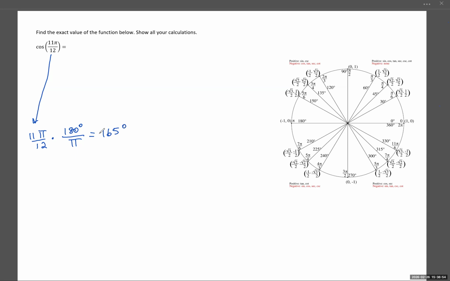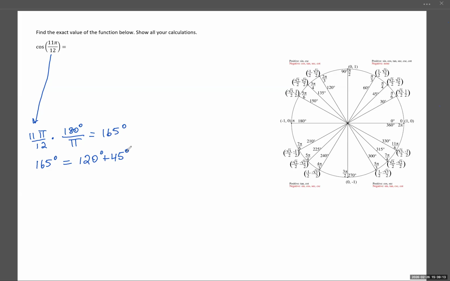Now it's very easy to see that 165 degrees, if you break it up, you can represent it. This is not the only way to do this, but this is just one way to do it. You can represent it as 120 plus 45 degrees.